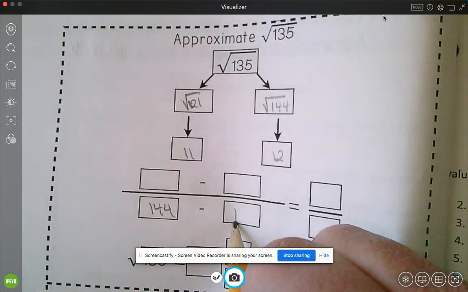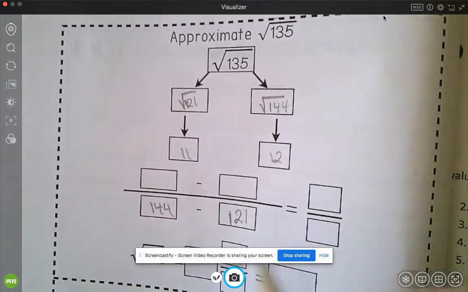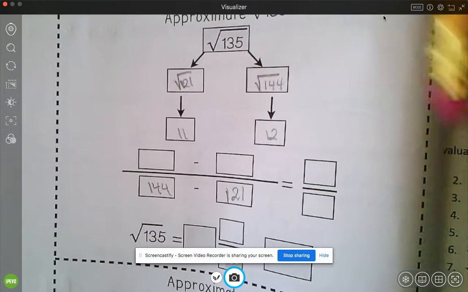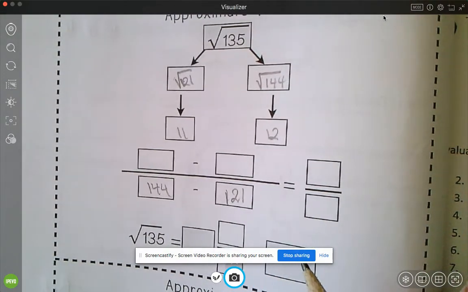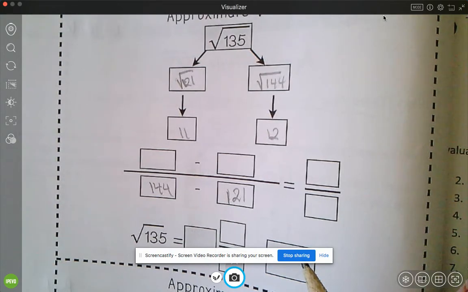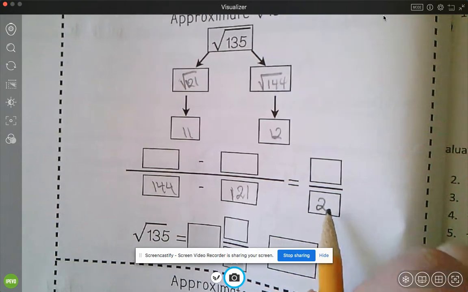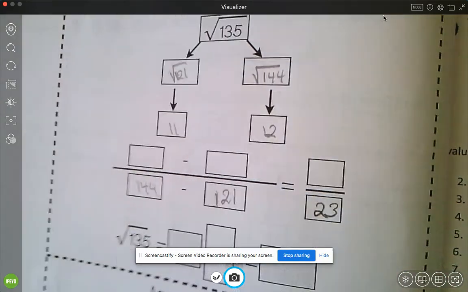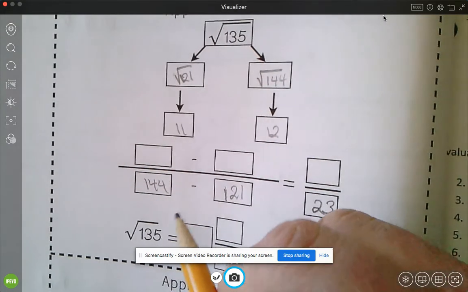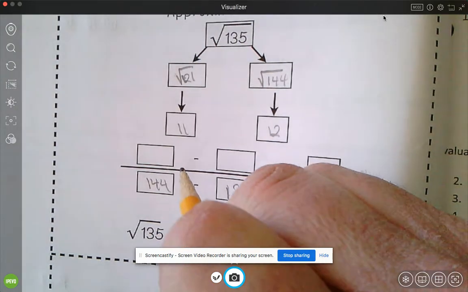144 minus 121. So that's going to be 23, I believe. Hopefully I'm right. And then the top, what are we going to subtract for the little difference?